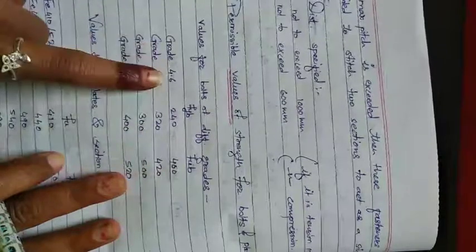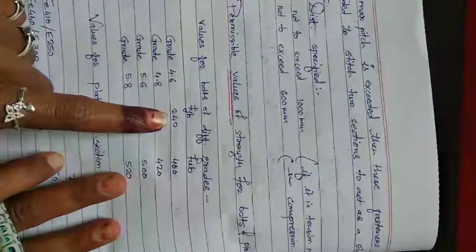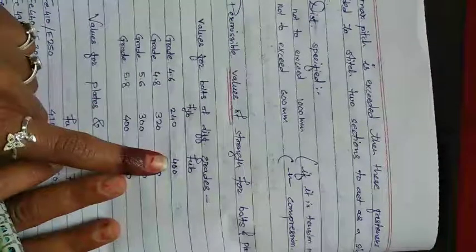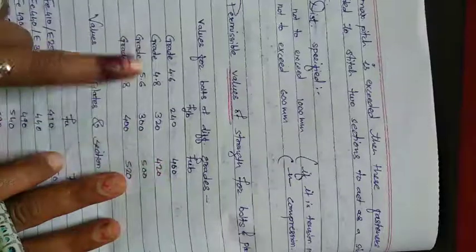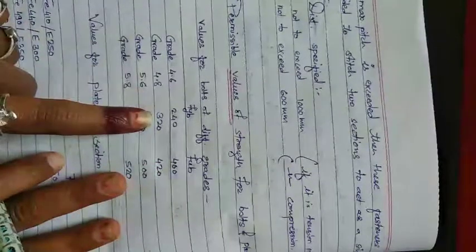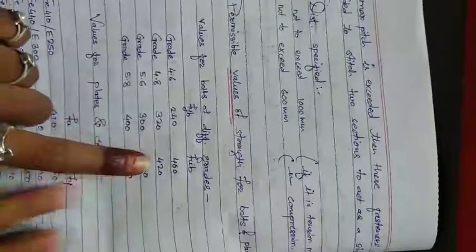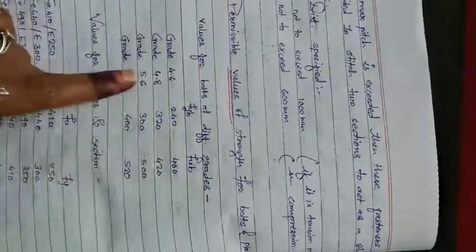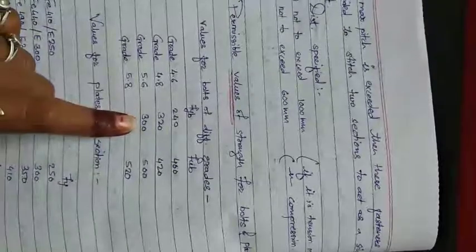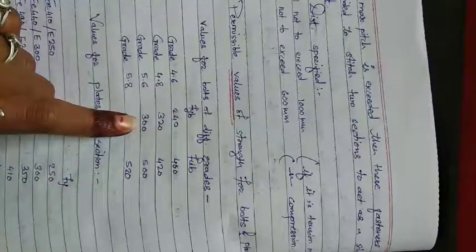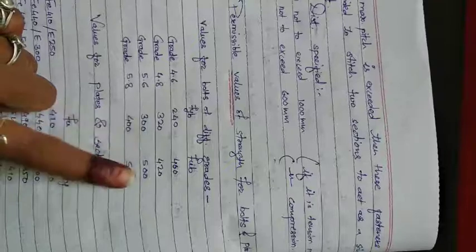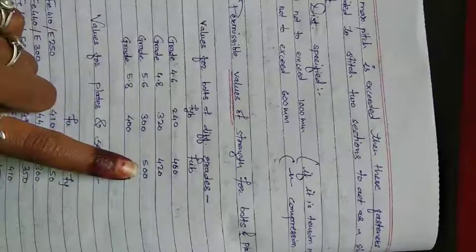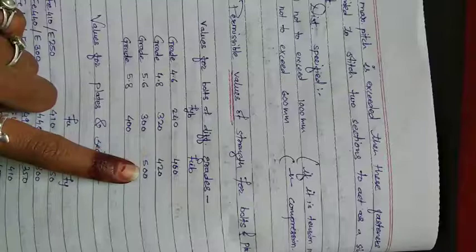So for grade 4.6 of bolt, FYB value is 240 Newton per mm square and FUB is 400 Newton per mm square. Grade 4.8: FYB is 320 Newton per mm square and FUB is 420 Newton per mm square. For grade 5.6, the yield stress of the bolt is 300 Newton per mm square and the ultimate stress of the bolt is 500 Newton per mm square.